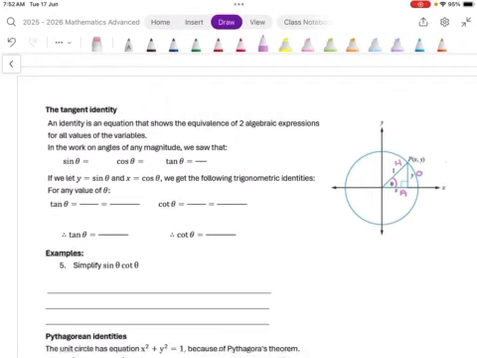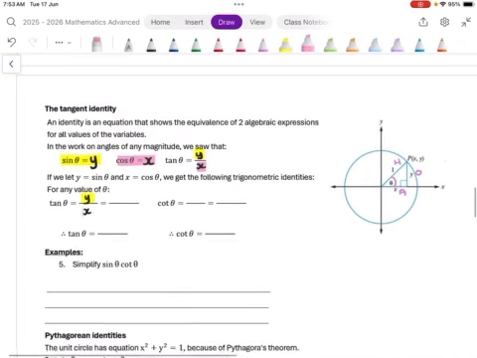And from that we saw that sine theta was just equal to y, cos theta was equal to x, and we had that tan theta was equal to y on x. So if we let y equal sine theta and we let x equal cos theta, what we get is that tan theta is y on x from our angles of any magnitude.